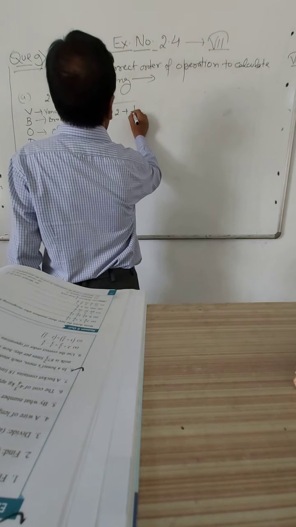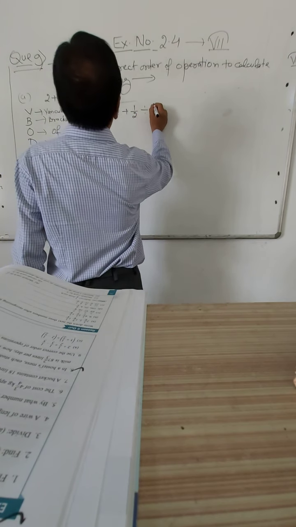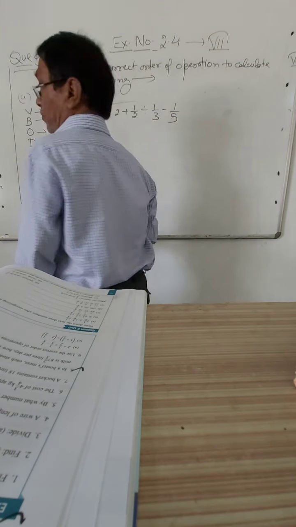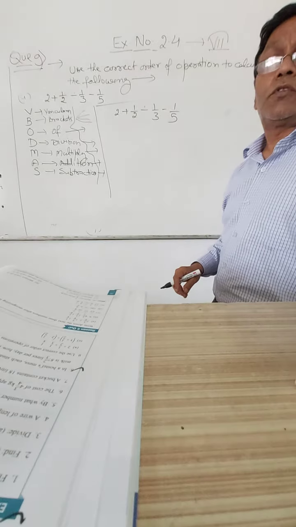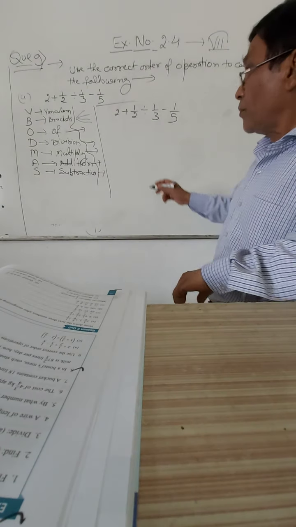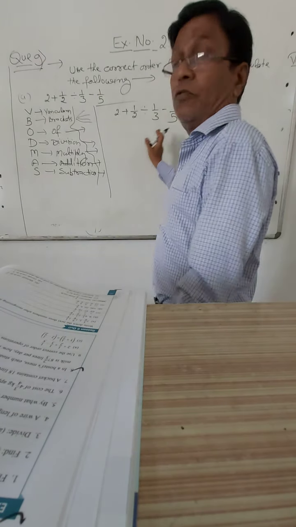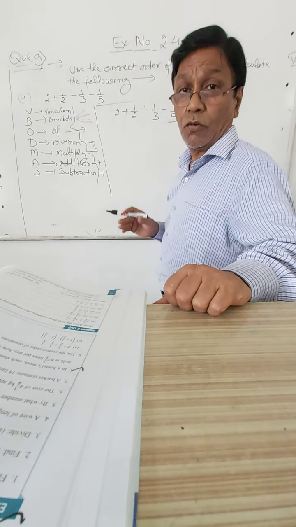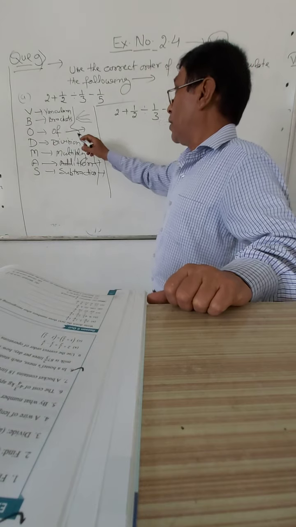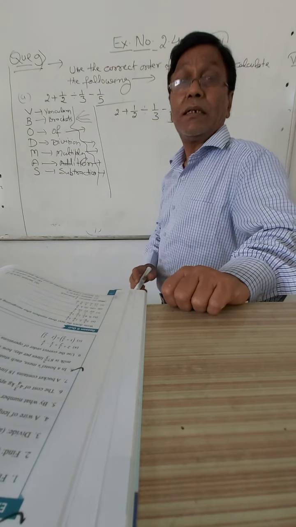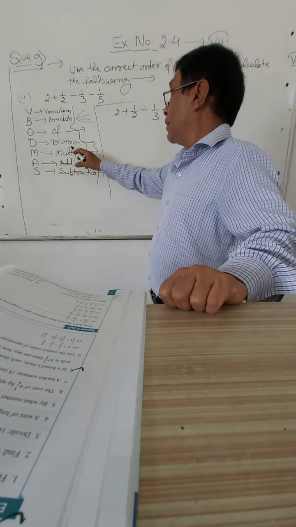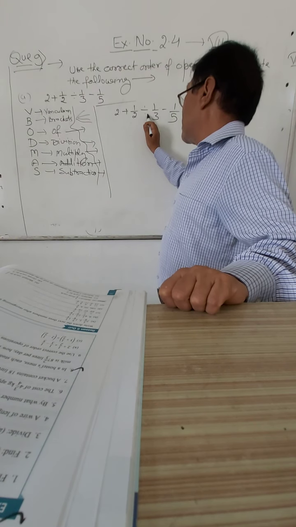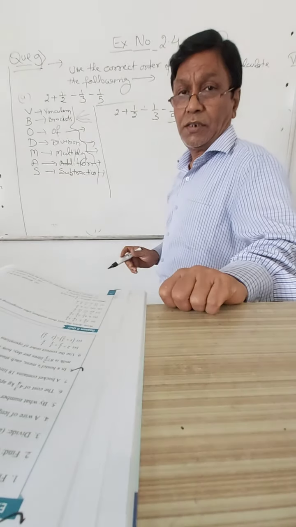2 plus half divided by 1 by 3 minus 1 by 5. So this way, first vinculum: there is no vinculum, leave it. Bracket: there is no bracket, leave that also. Of is not there, but addition, division and subtraction are there.